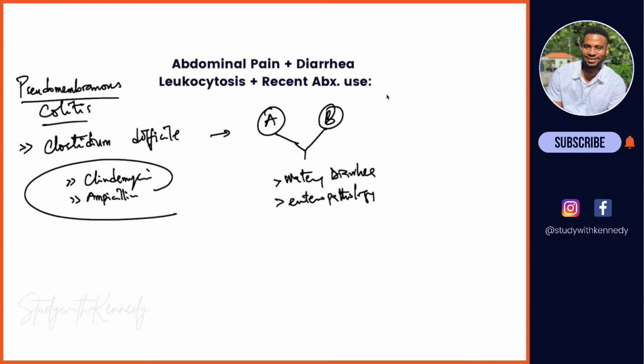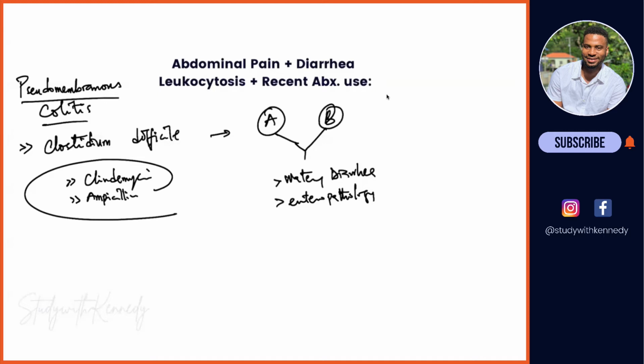You create an imbalance in the gut, decreasing gut bacteria. Most bacteria will be wiped out by these antibiotics, but Clostridium difficile will not. In fact, because you've wiped out all these other bacteria, now Clostridium difficile has enough room to grow, and it begins to grow and develop.